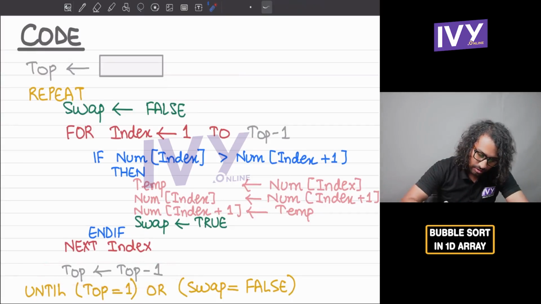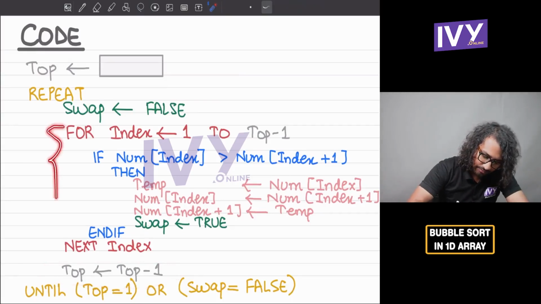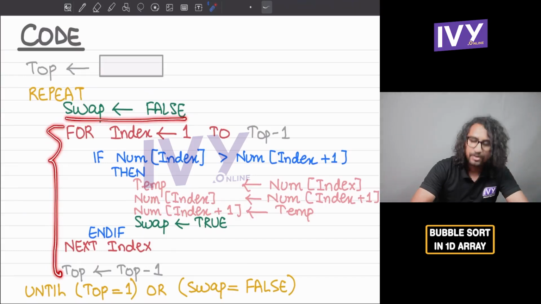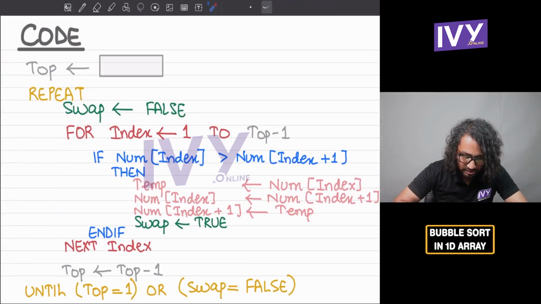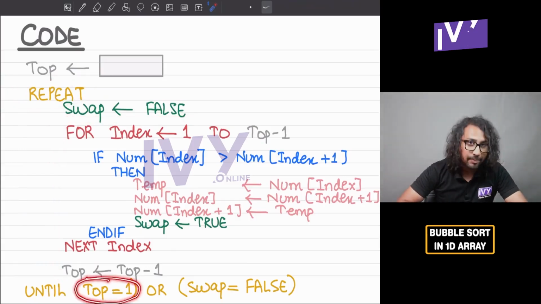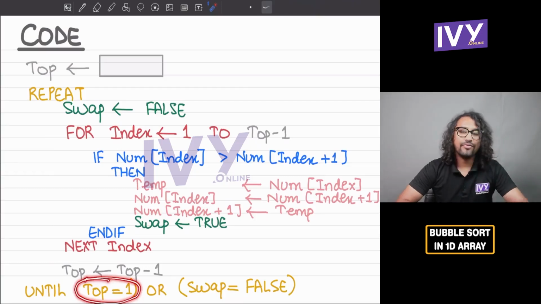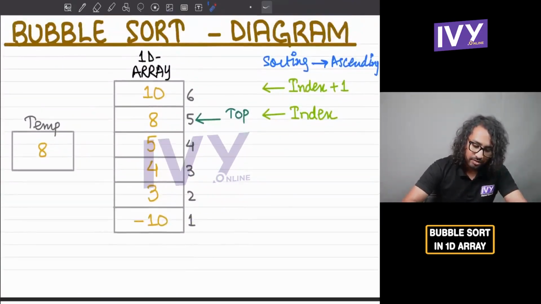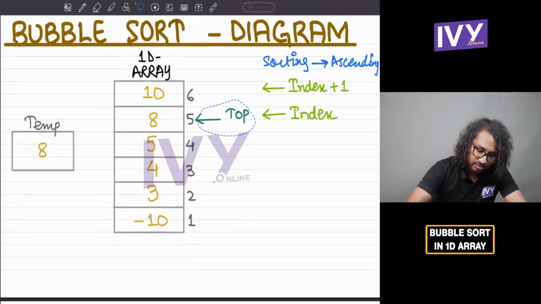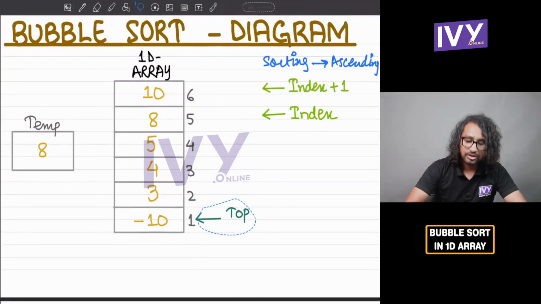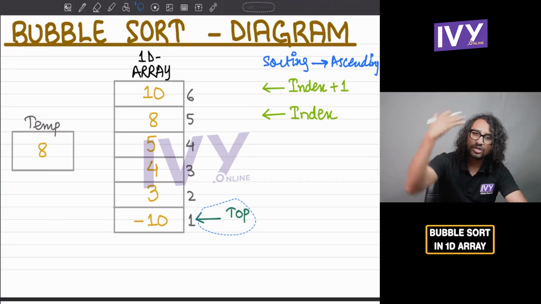Now, when you have learned about this part, let's learn about swap and the repeat until loop. First, let's learn about repeat until, and this line. If top is equal to 1, which means top has come all the way down to the bottom, everything above it is sorted.